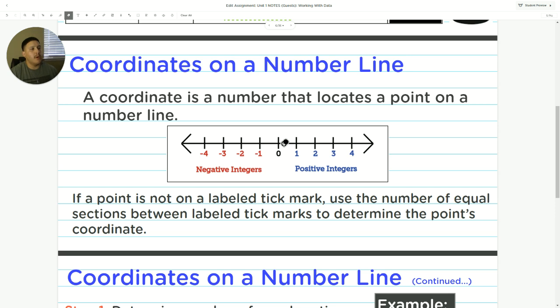Sometimes there's tick marks in between these number lines, but we don't know what these values are.